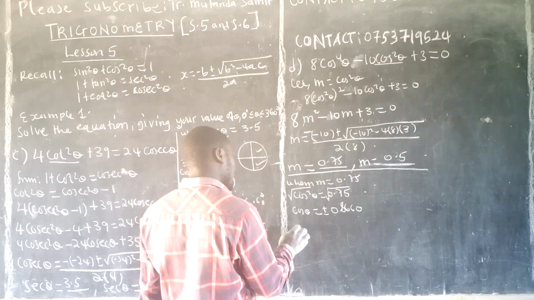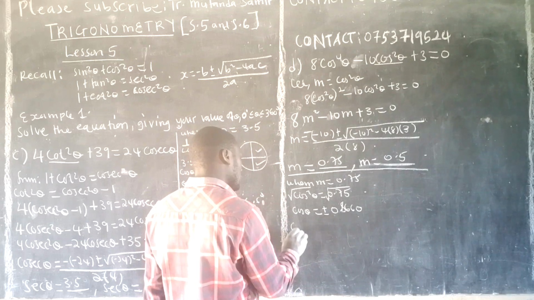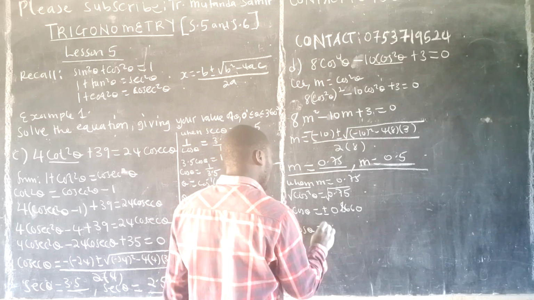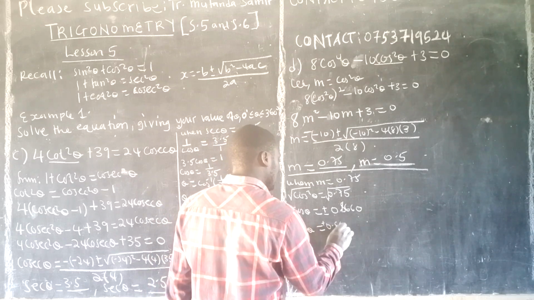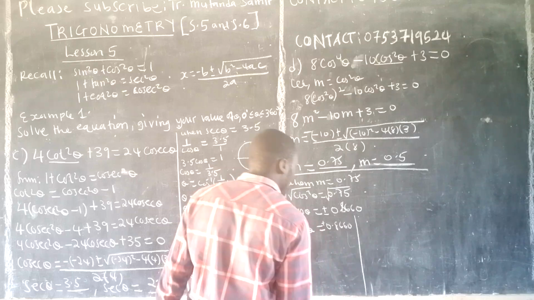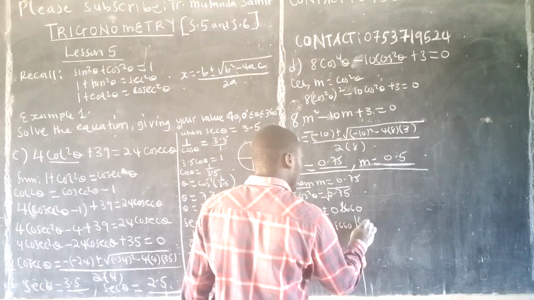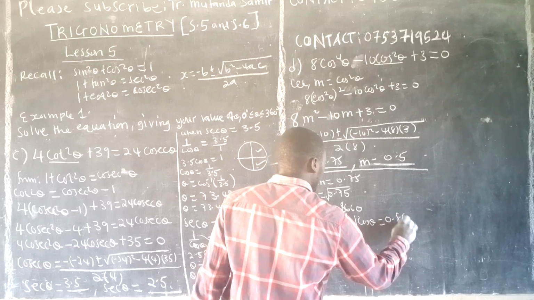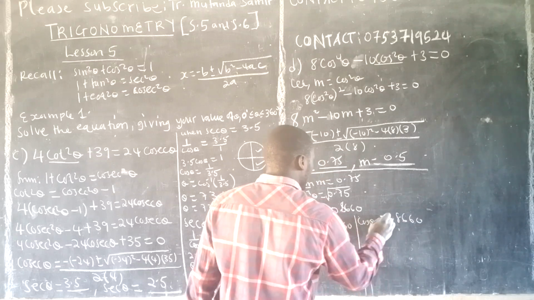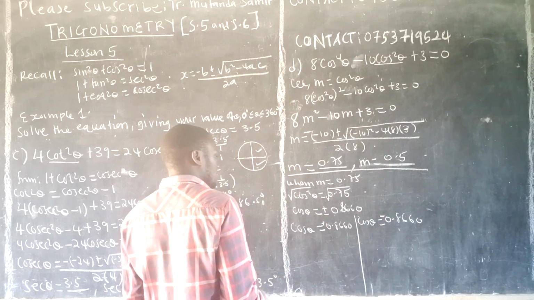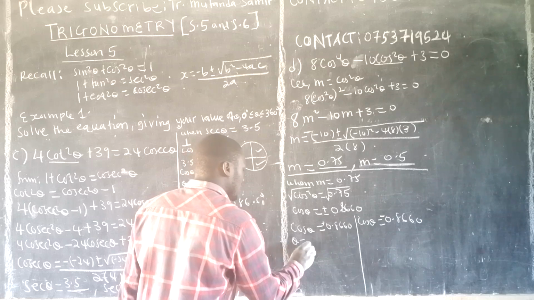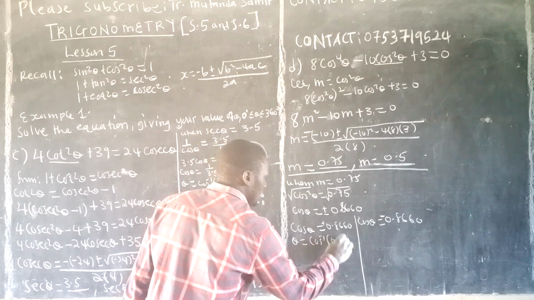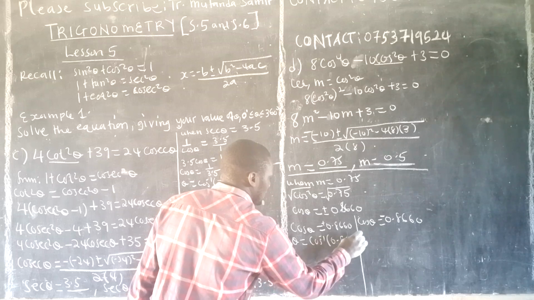So now there are two categories also. You consider the category of cos theta equal to positive 0.8660, and also when cos theta is equal to negative 0.8660. Look at those two categories. So theta is equal to cos inverse of 0.8660.